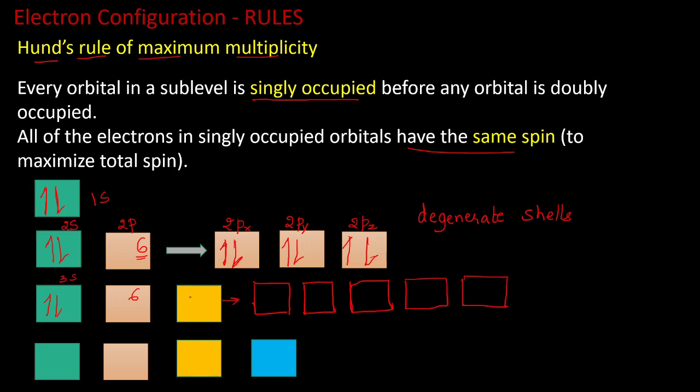Now, amongst these, the first 5 electrons would occupy the d orbital shells. They are half filled right now and give stability to the atom, and only the 6th electron filling up the d orbital goes to the same shell. So this way you see that every orbital in a sublevel is always singly occupied before any orbital is doubly occupied, and they all have the same spin, so that the total spin is at the maximum level.